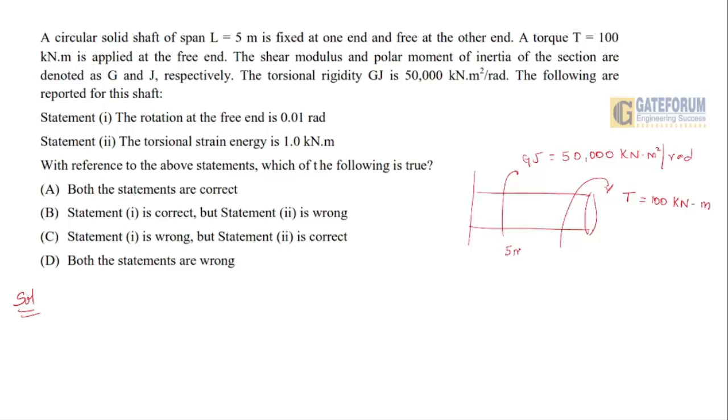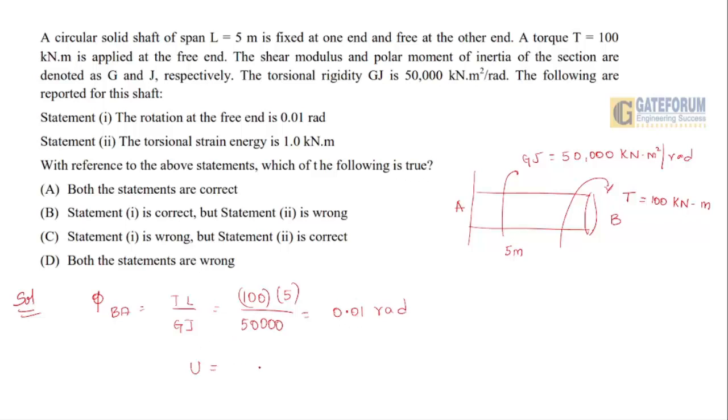Length of 5 meters you are going to have, when you are talking A and B. Phi of BA will be TL by GJ, 100 into 5 by 50,000, which will be 0.01 radian.